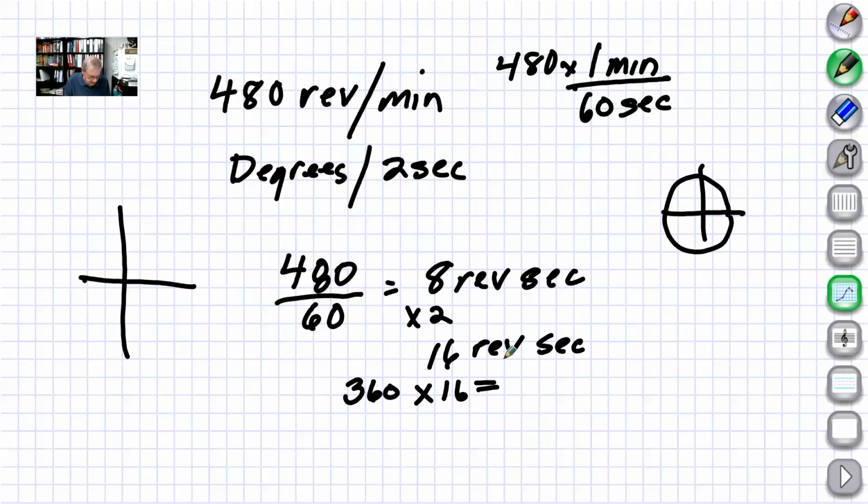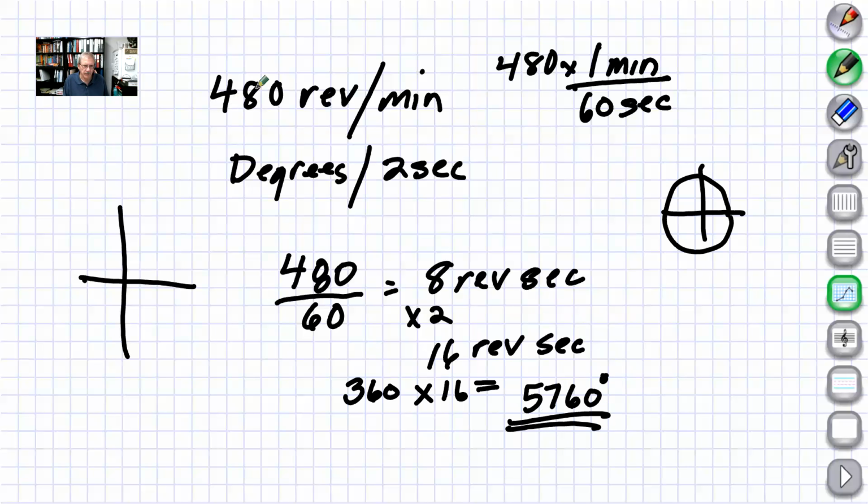So 360, I'm actually going to use my calculator, 360 times 16 is 5,760 degrees. Now, why you would want to know that, I have no idea. But that's how many degrees it is.